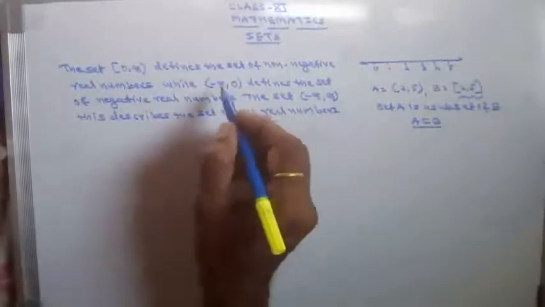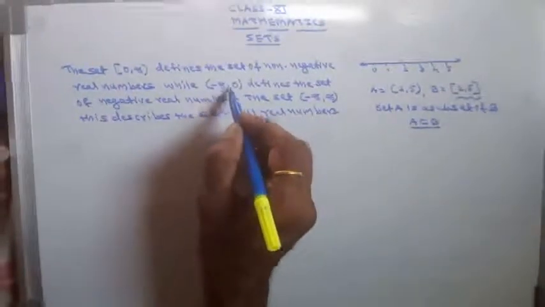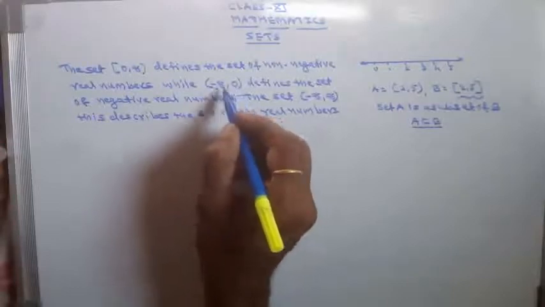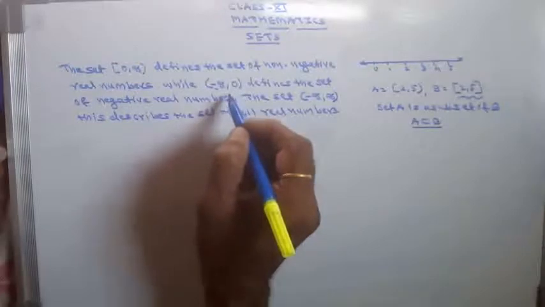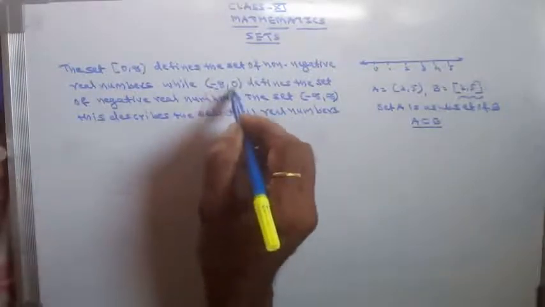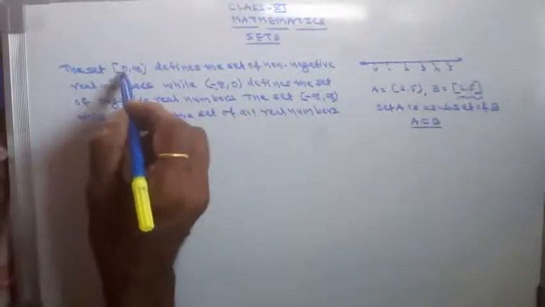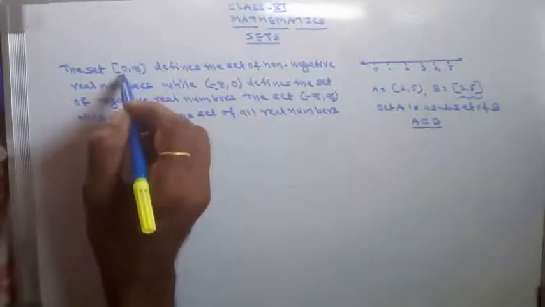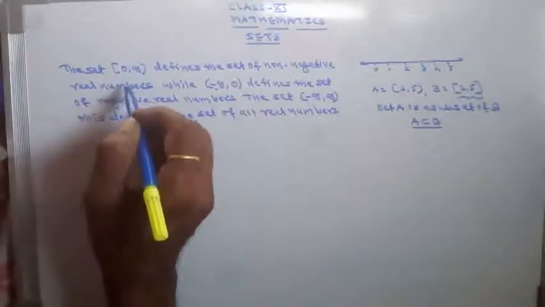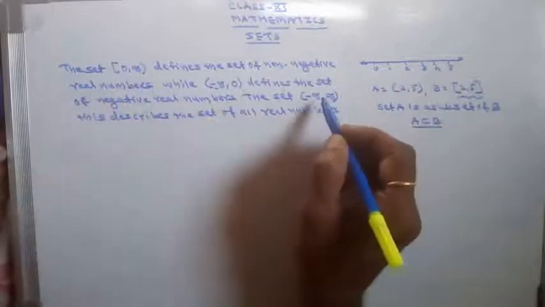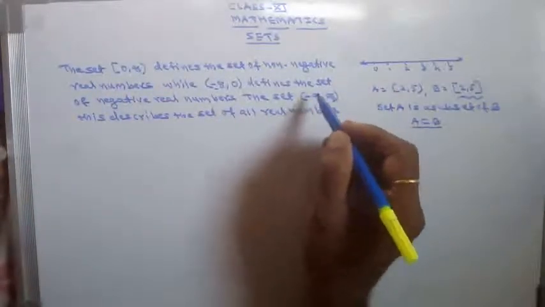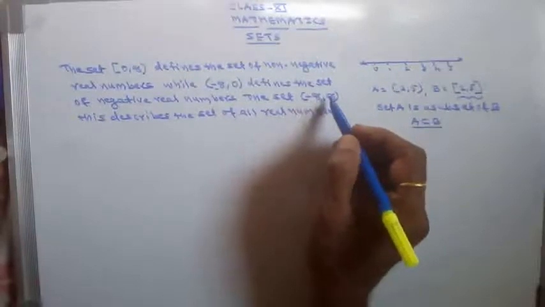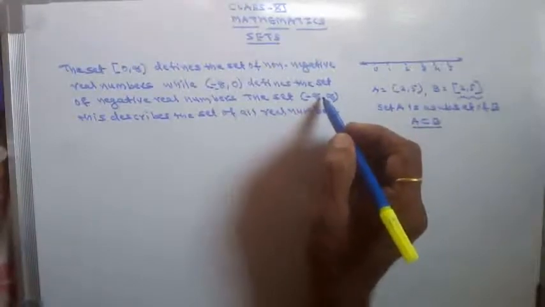Okay, students, so minus infinity to 0 means here are negative numbers; this is a set of negative real numbers, whereas this 0 to infinity, all are positive, that is non-negative real numbers. Whereas minus infinity to infinity indicates all the real numbers, that is the set of all real numbers.